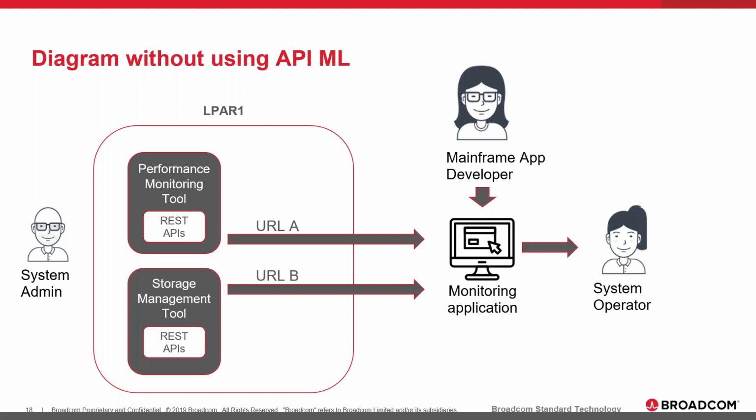And on the right you can see the application itself, and the personas, developer and system operator. In this use case, there is no mediation layer, and there are two separate URLs feeding the data into this monitoring application. And it's not scaled, so there is a single instance of the performance monitoring tool and a single instance of the storage tool.